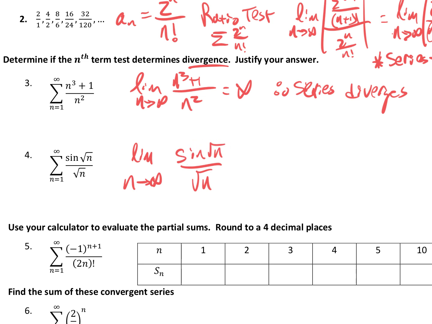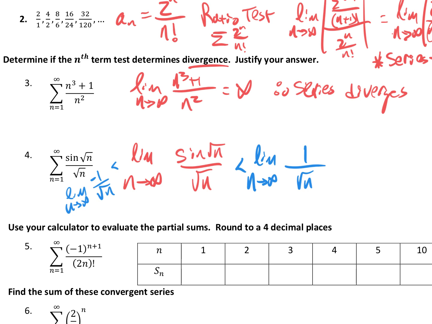So we know that this is less than the limit as n goes to infinity of the square root of n, 1. The biggest a sine can be is 1. The smallest it can be is negative 1. Let's go negative 1 over square root of n.